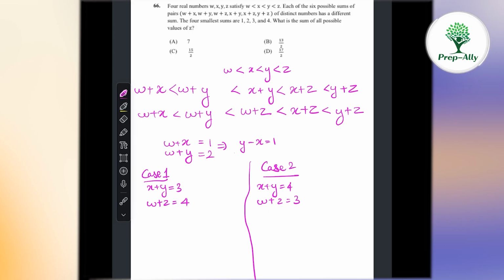We're just subtracting the first equation from the second equation, and if we use this along with this, when we add the two equations, we get 2Y equals 4 and Y equals 2, and from here we get X equals 1, and from this equation we get W equals 0, so we have Z equals 4, right?